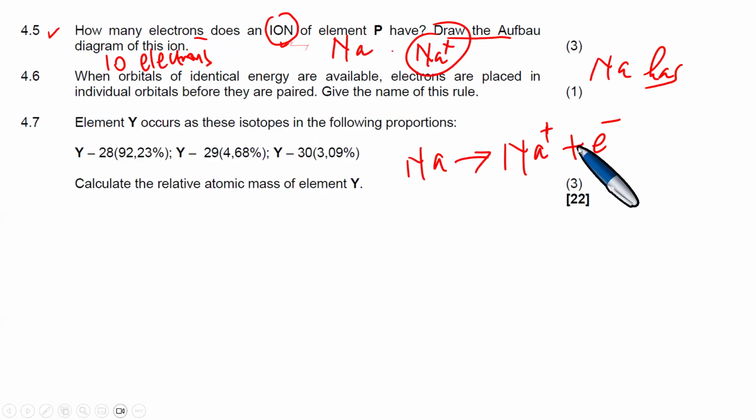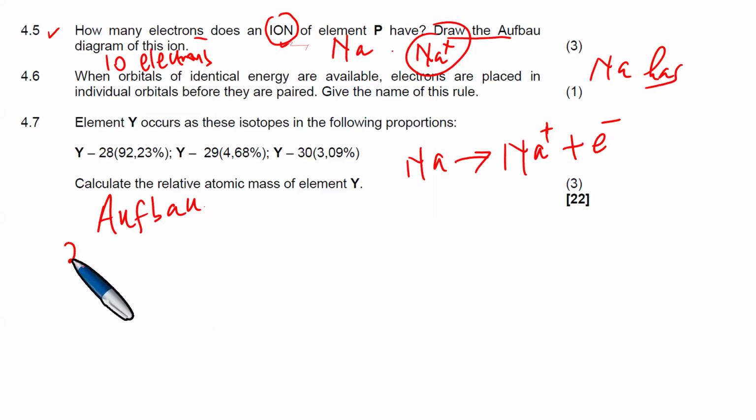We're going to get more practice of these things. I want us to have further discussions this week, more of this. The Aufbau diagrams of these ions are something that you need to learn. Let us discuss the Aufbau diagram.